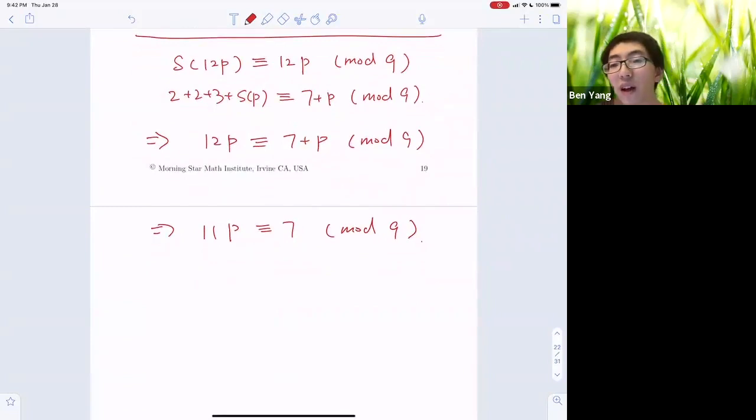Then we need to solve this linear congruence equation for P. Since we're doing this mod 9, you don't need to try many numbers, at most 9 numbers. You just try if P is congruent to 0 mod 9, that doesn't work. You can try 1, 2, 3. It turns out that P should be congruent to 8 mod 9.